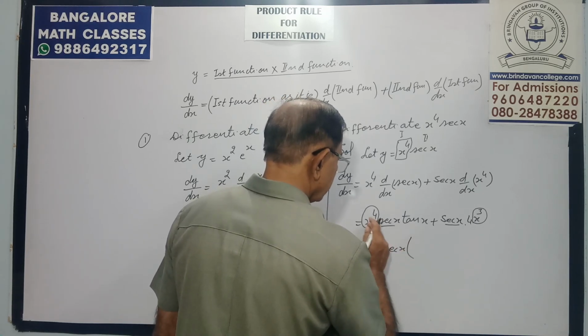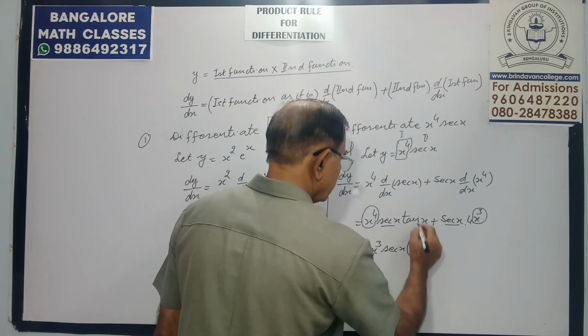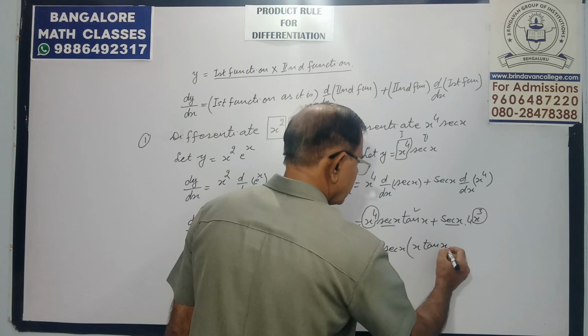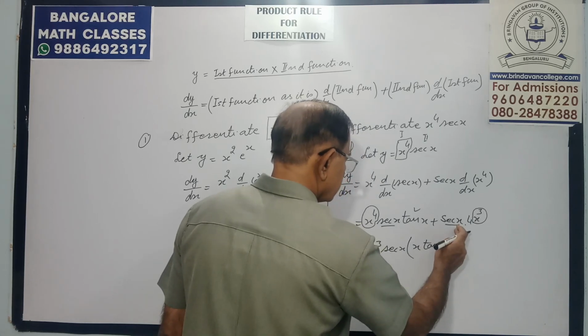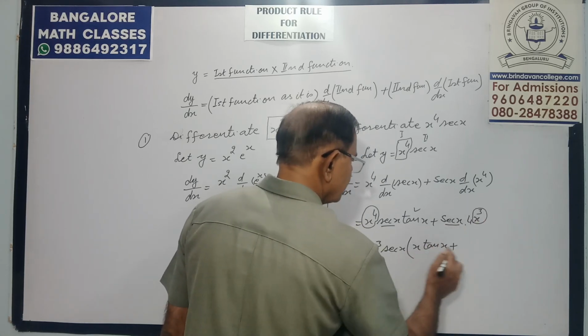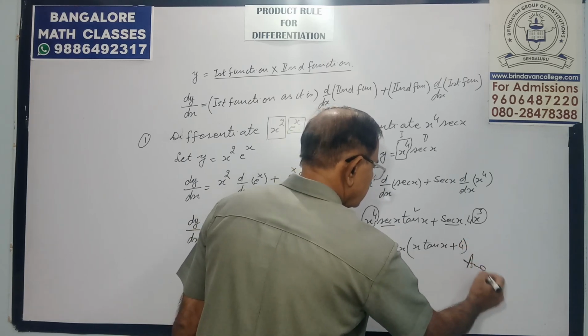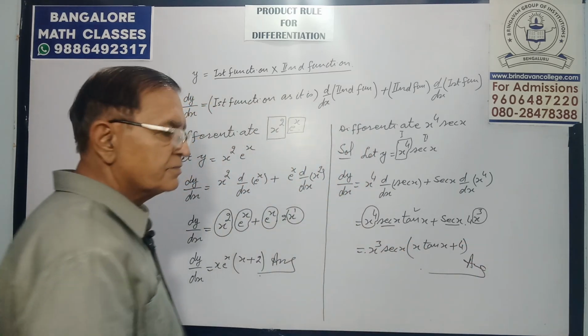So we are left with x tan x, plus secant x we have taken out, x³ we have taken out, only 4. So that will be the answer for this.